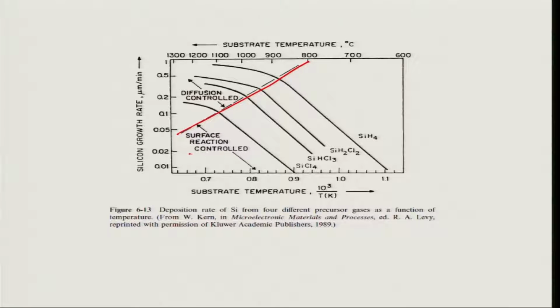In this regime it is surface reaction control, which means mass transfer rate is very high. If mass transfer rate is high, then it is controlled by surface reaction rate, and on the other side it is diffusion control, which means reaction rate is very high.